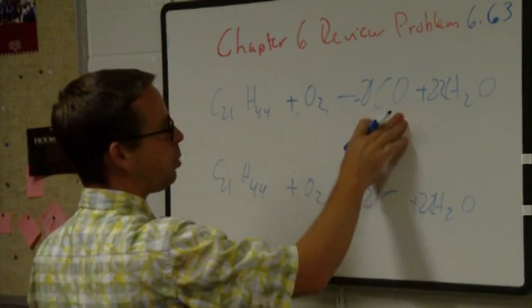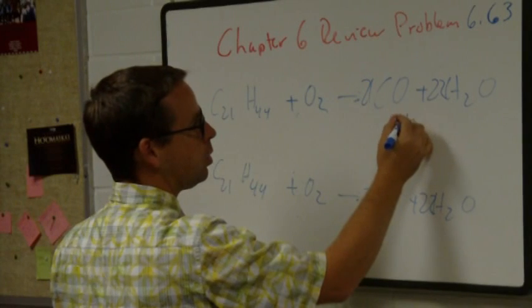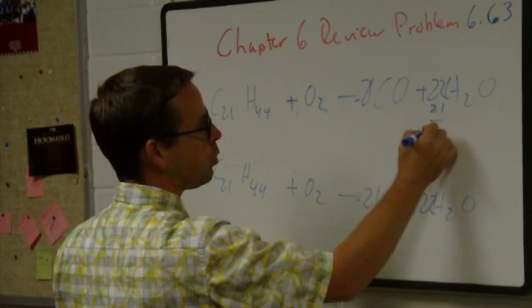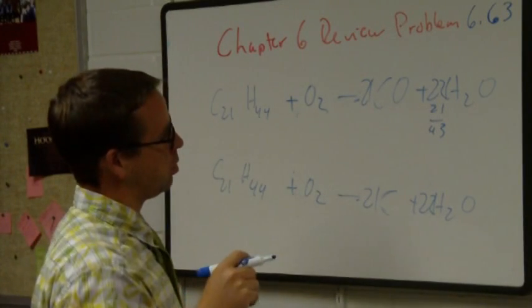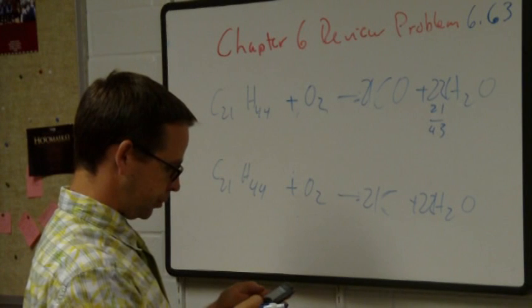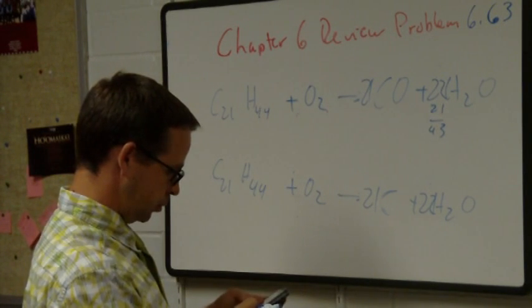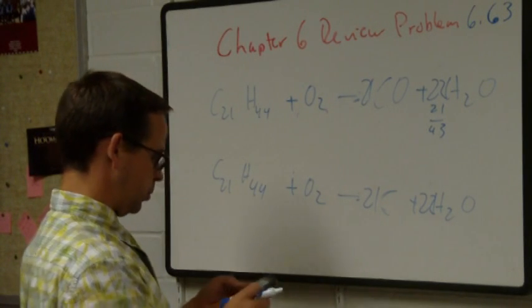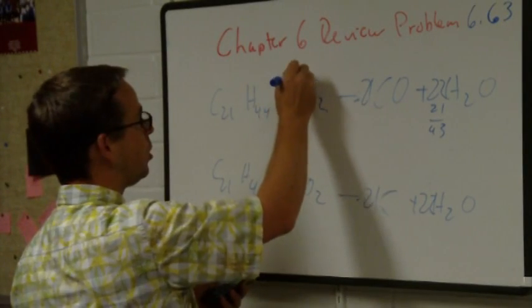This one we need how many oxygens? 21 plus 22 is 43. 43 divided by 2 is 21.5, so that times 2 is going to be 43.